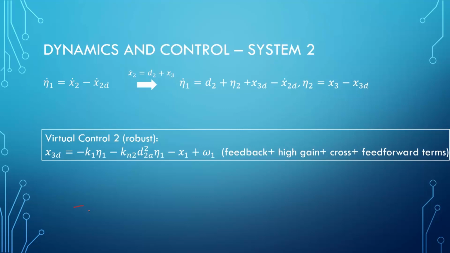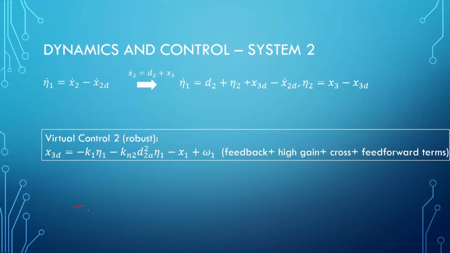You need to cancel out this x2d. So in the second system, x3d is the virtual control input, right? And in x3d, you need to cancel out this feedforward term and create some feedback term. And so to cancel out this x2d dot, you need to put x2d dot in your virtual control.